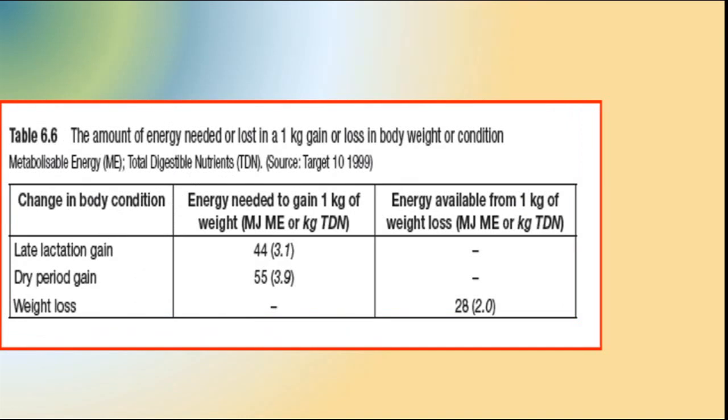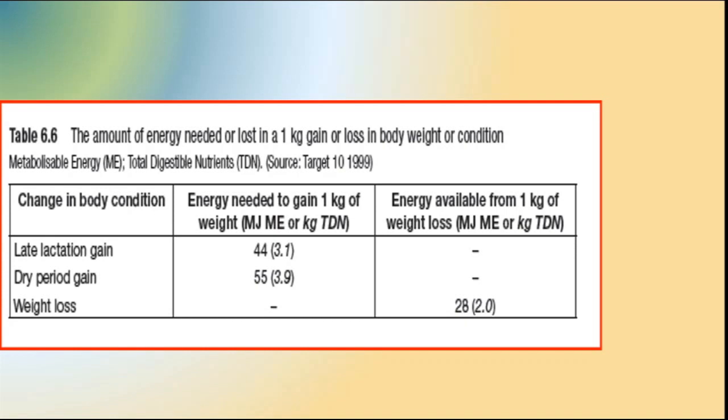This is the amount of energy needed or lost in a 1 kg gain or loss. During early lactation, the animal is losing body weight, so there is a production of energy in the animal when it loses weight, and if the animal is gaining weight, then energy is needed. For change in body condition in late lactation, the energy needed to gain 1 kg of weight requires 44 megajoule of metabolizable energy.